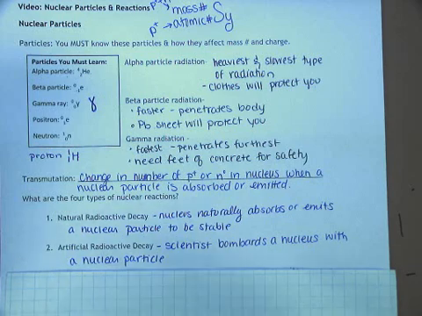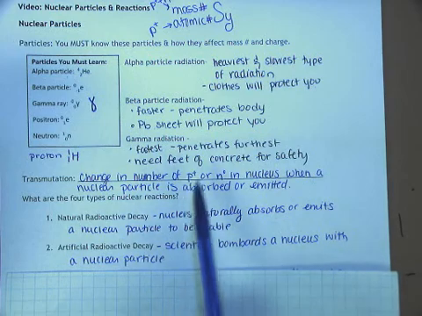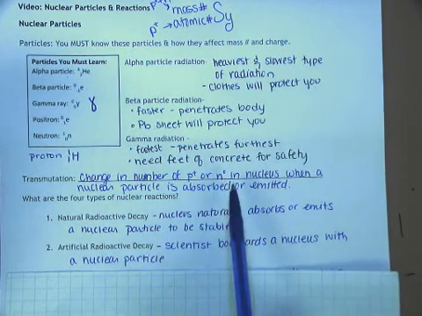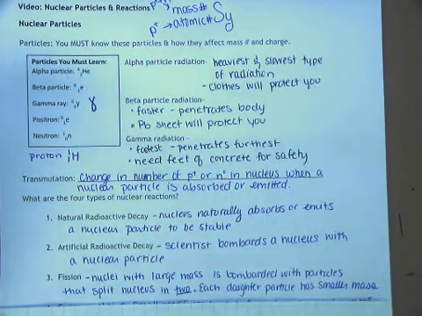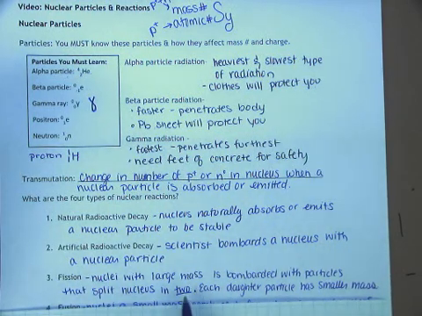We can have artificial radioactive decay, where a scientist goes and bombards a nucleus with a nuclear particle, causing the number of protons or neutrons to change. We can have fission, where a nuclei with a large mass is bombarded with particles that split the nuclei in 2, and therefore each new daughter particle will have a smaller mass.